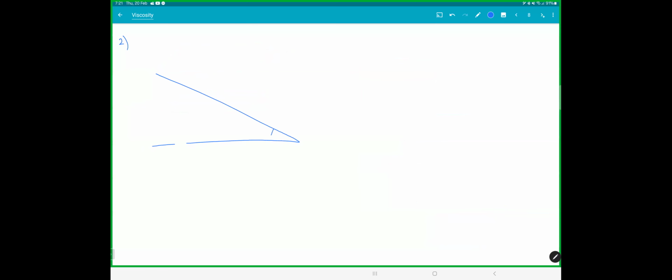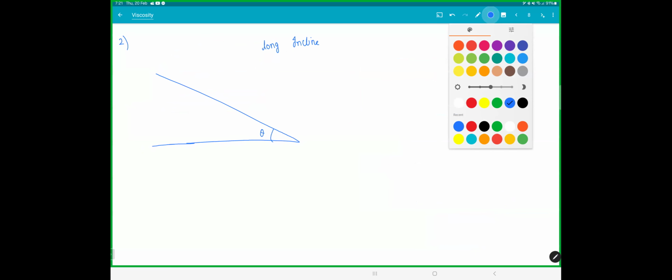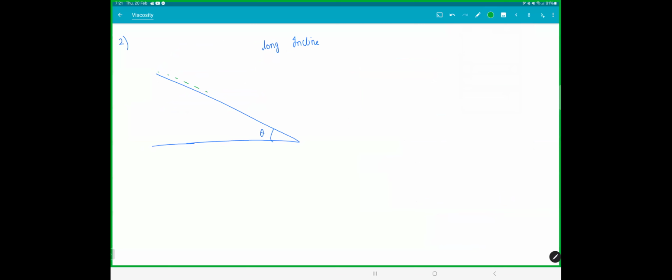We have a long incline. Long incline meaning you can treat it to be infinity. On this long incline, you have a thin layer of fluid, thickness Z, so if it's a thin layer, you can use V2 minus V1 by Z. Thickness Z and viscosity is eta.